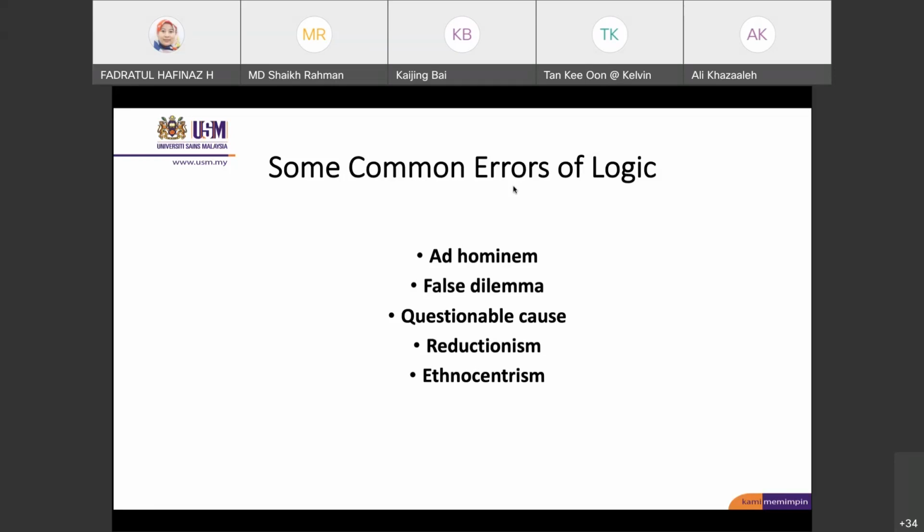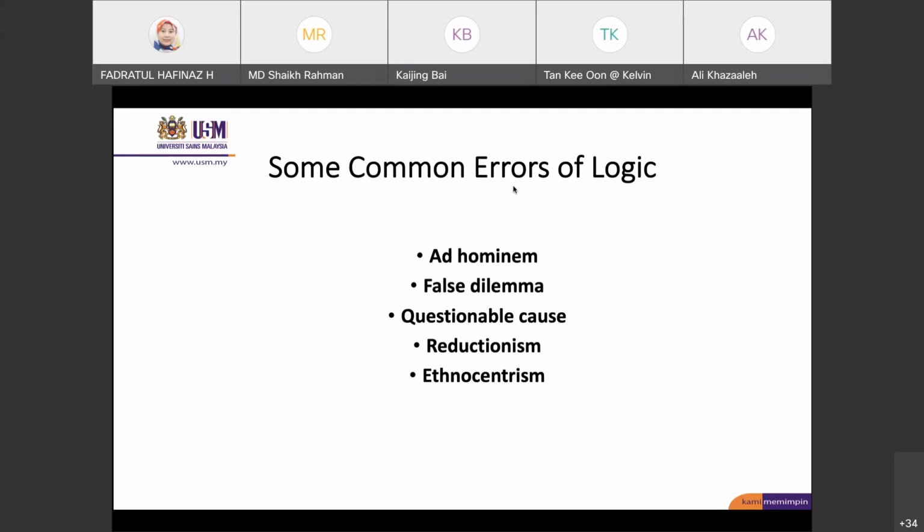Questionable cause is a logic error where you assume cause and effect when one or more of the three arguments for cause are not present. Reductionism is a common error of logic when you attempt to explain all questions using only a single type of explanation. And the last one, ethnocentrism, is a logic error when you only apply your culture's explanation to situations derived from other cultures.